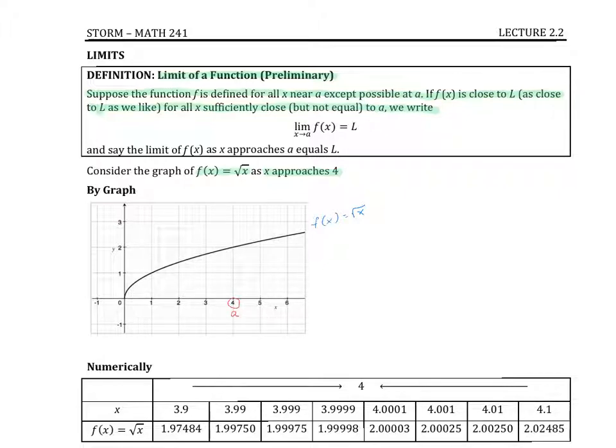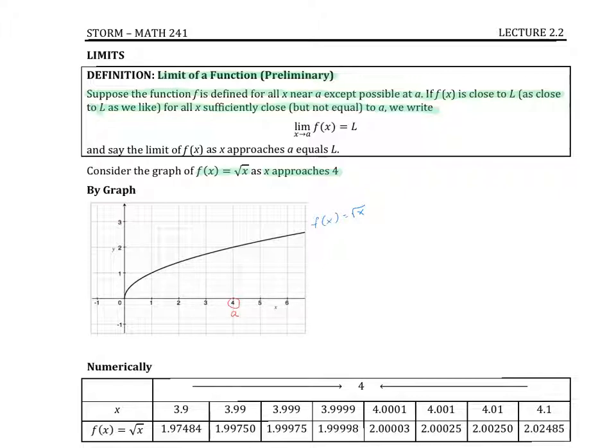So what this says is, as we get closer and closer to a, or in this case 4, what is happening to f of x? F of x are our y values. So as the x values get closer to 4, what are our y values getting closer and closer to?